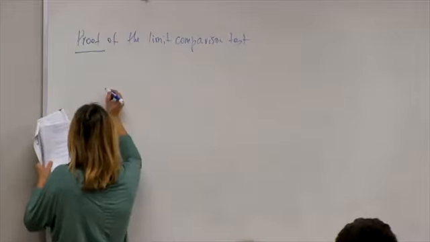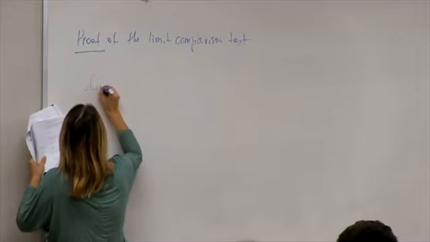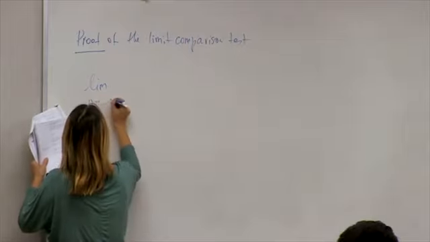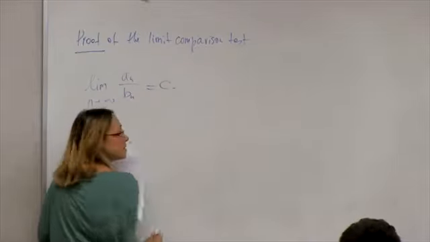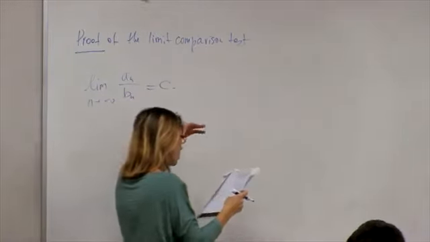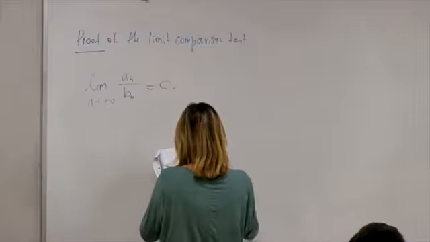So suppose we have the limit as n goes to infinity of an over bn given by c, right? C is a non-zero, a positive number.